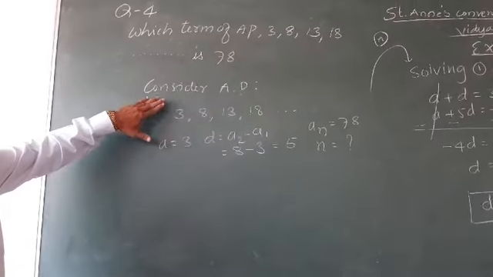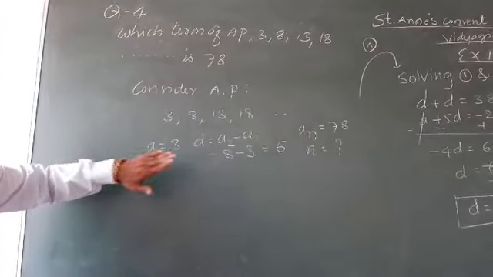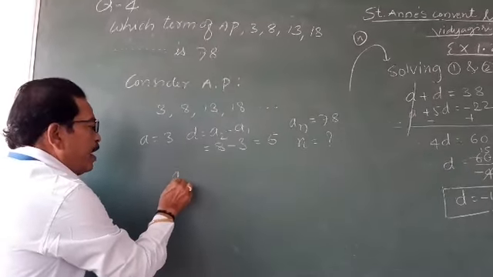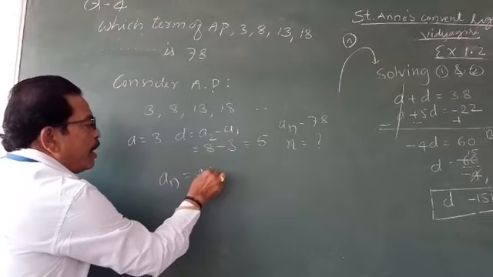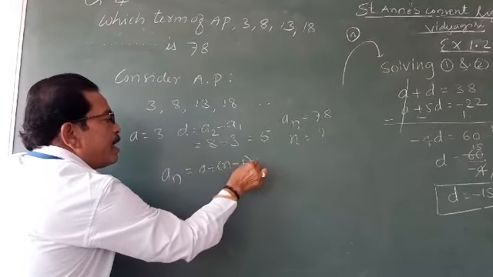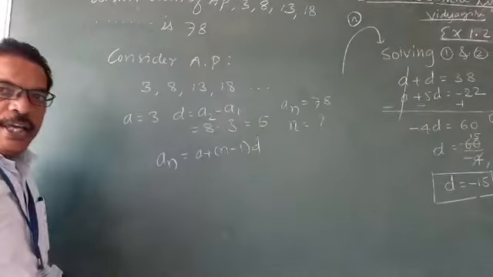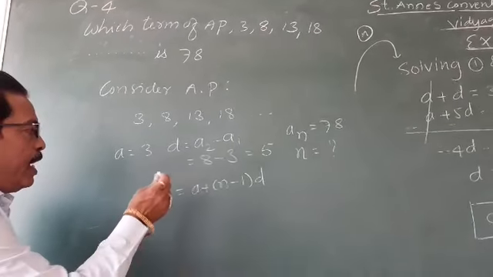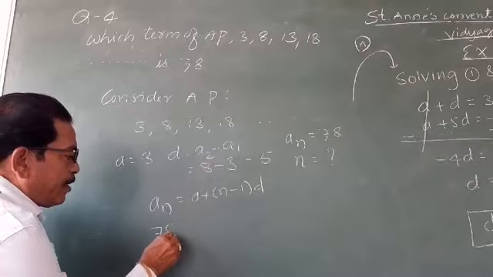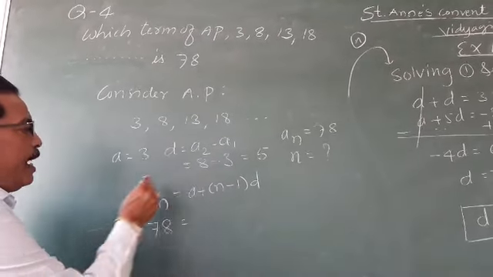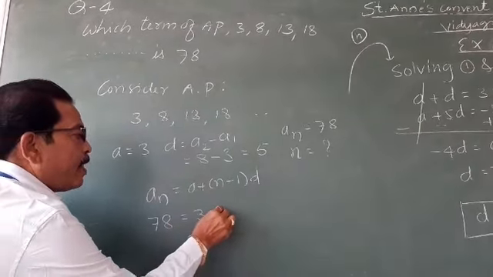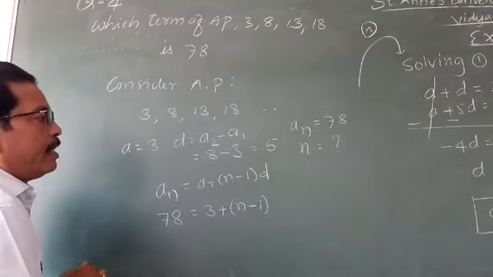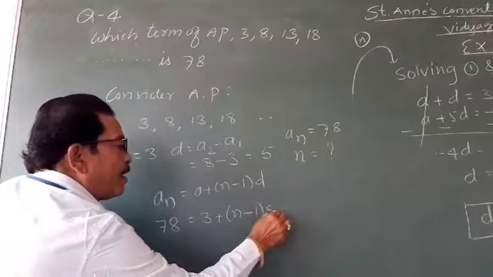So, observing the given data, which formula is suitable for this? That is nothing but a(n) equals a plus (n minus 1) into d. a(n) is 78. Okay, a is 3, plus n we do not know, (n minus 1), d is 5.